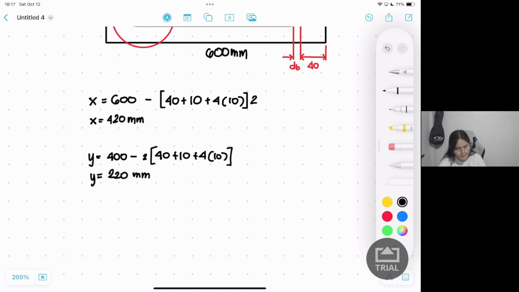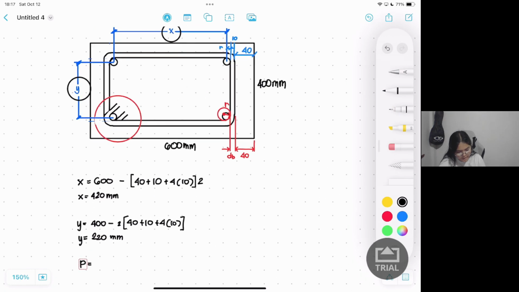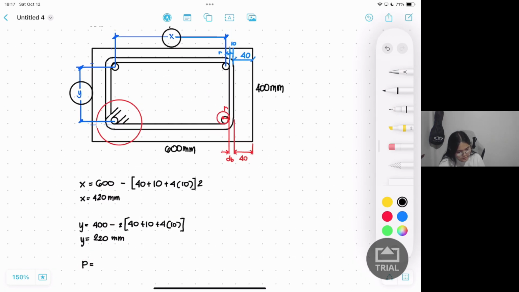Next step. So, i-compute na ngayon natin yung length ni stirrup or the perimeter. So, paano yan? So, kung makikita nyo sa figure, bale, 2x. Bakit? Kasi ito. May x dito sa taas, may x din dito sa baba. Okay?